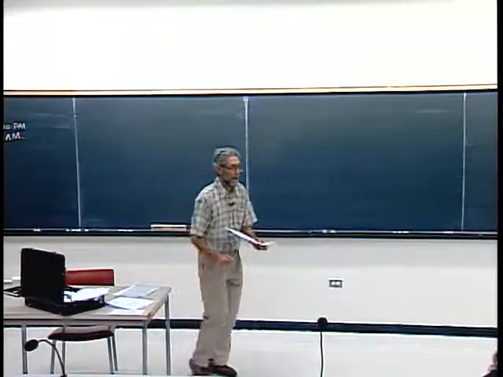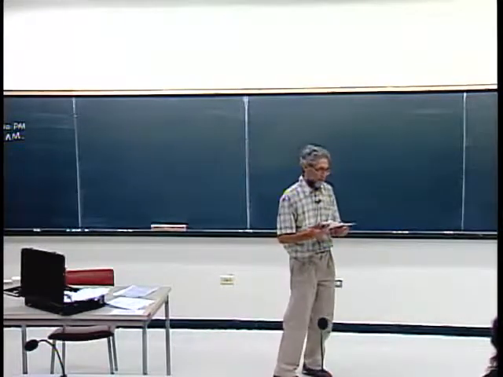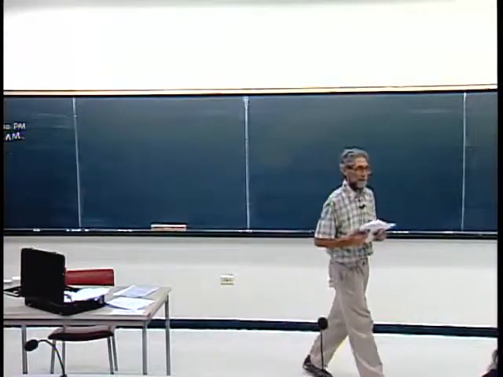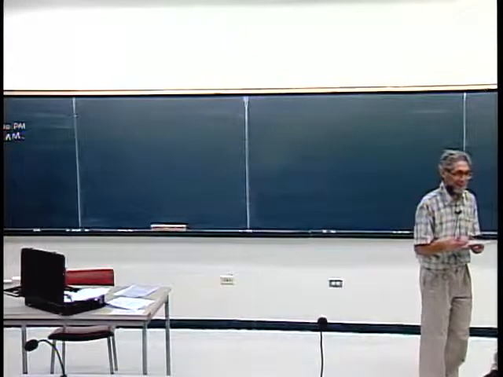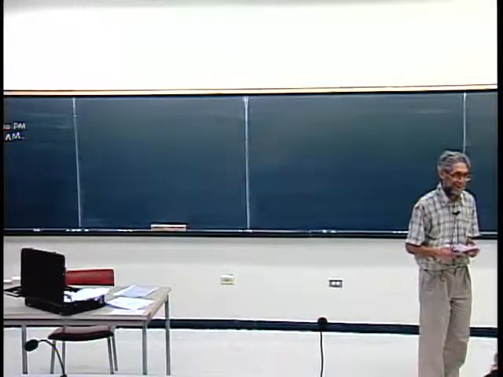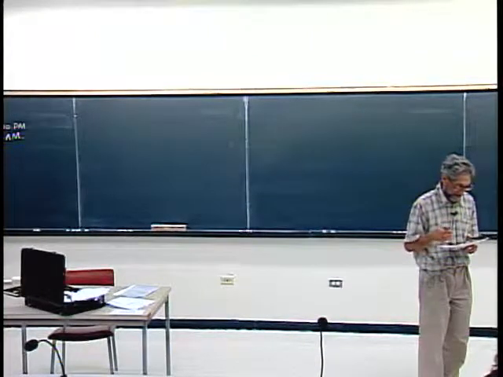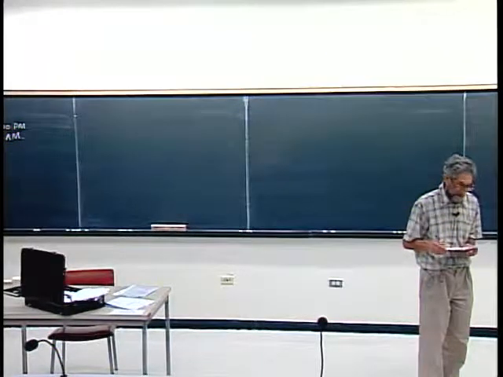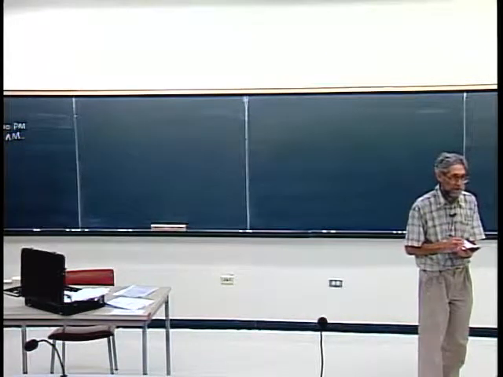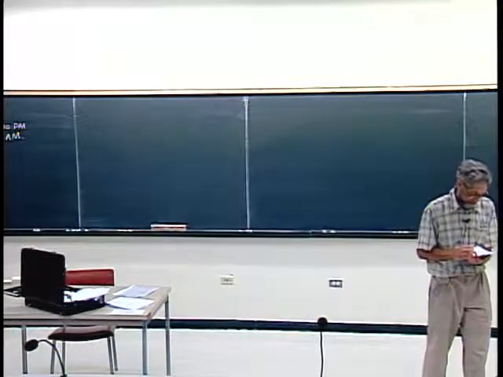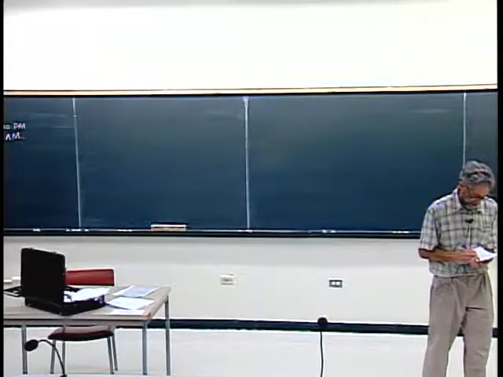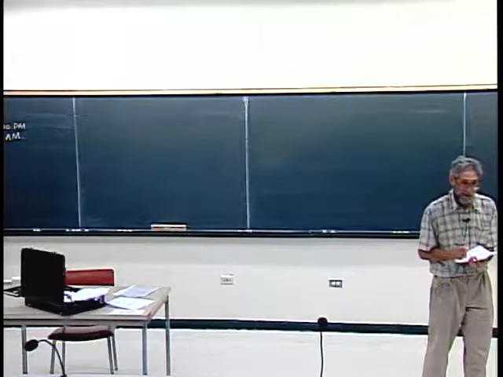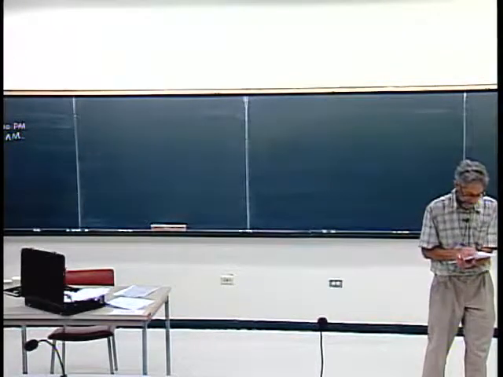Let's see. You don't look like one of the faces that I did last time, or have I already forgotten you? Jason, okay. You're not written down over here. And what year? First year. And tell me your name. Jennifer.